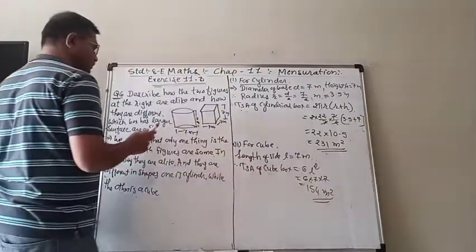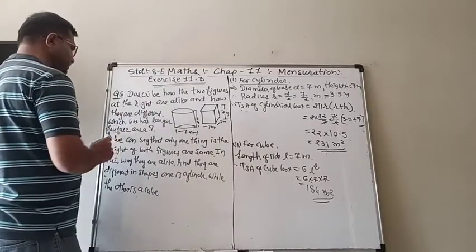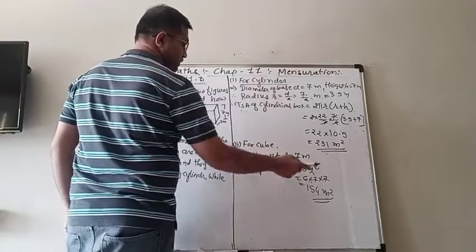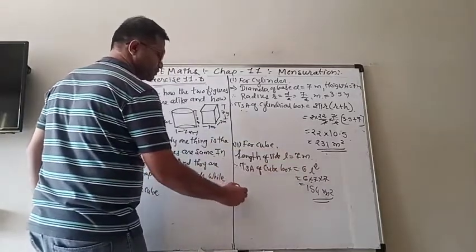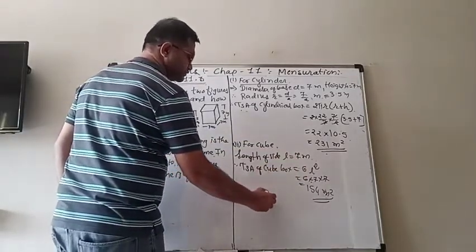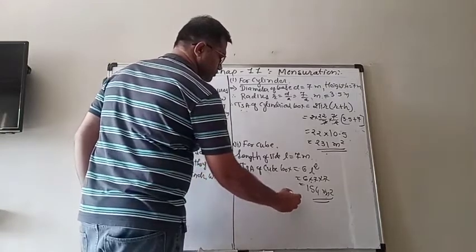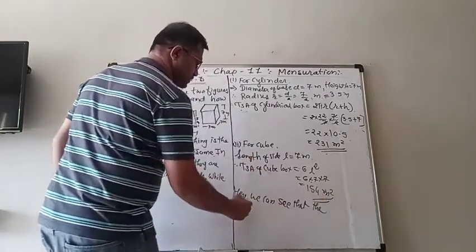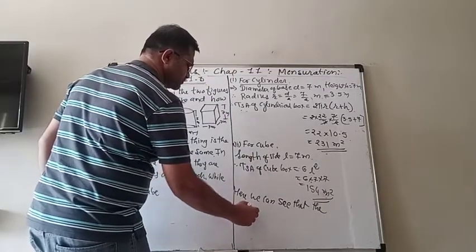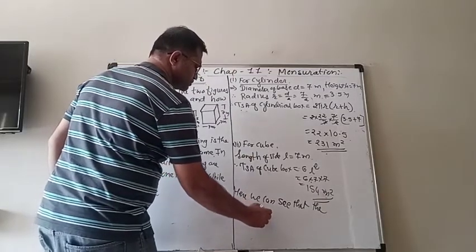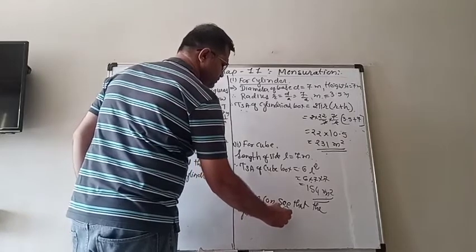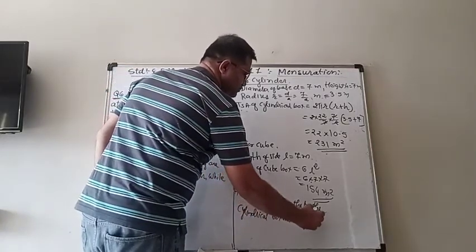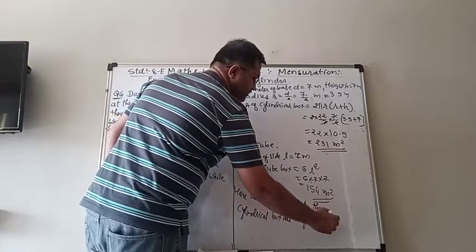So here, what is to find? Which box has larger surface area? So we can see that the cylindrical box has larger surface area.